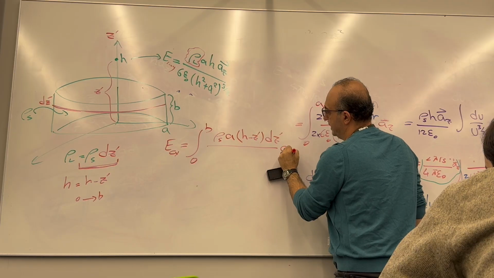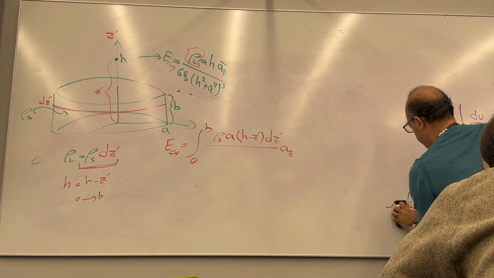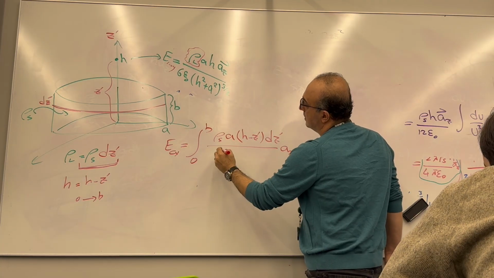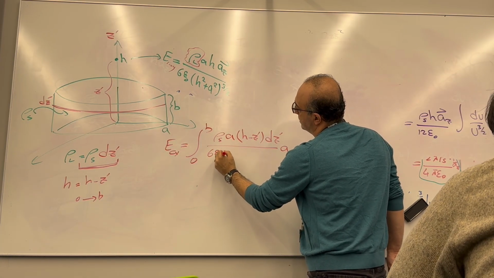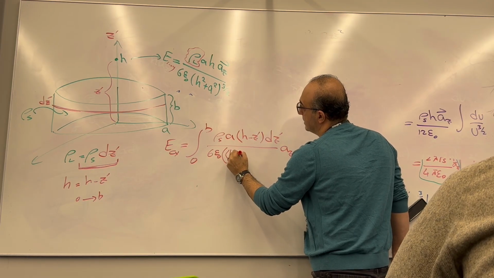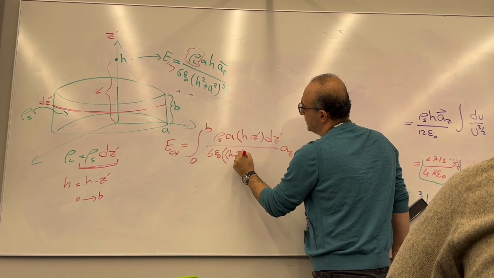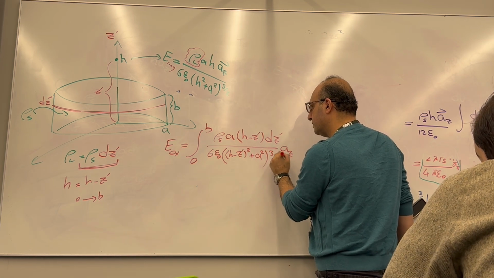Again, the direction is AZ. It is 4 pi epsilon 0, H minus Z prime to the power of 2 plus A to the power of 2, to the 3 over 2.